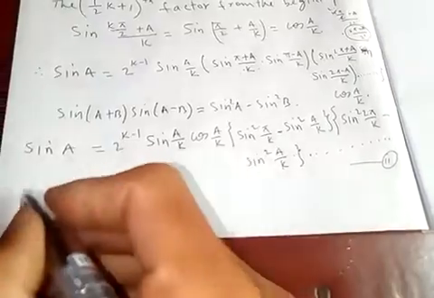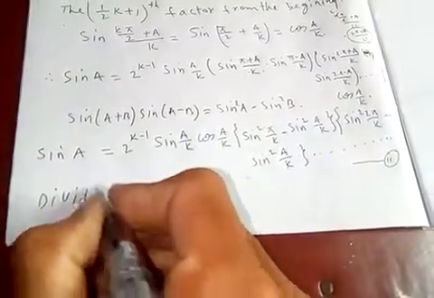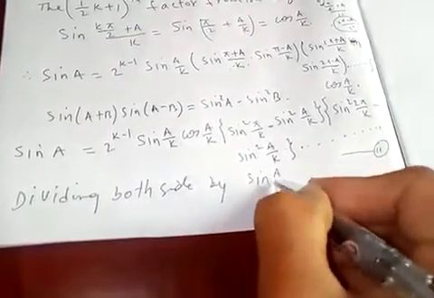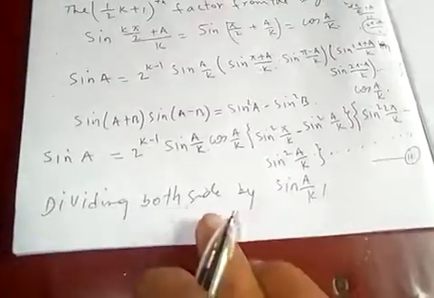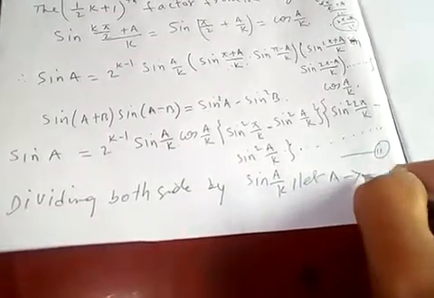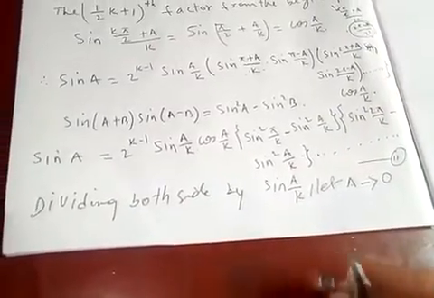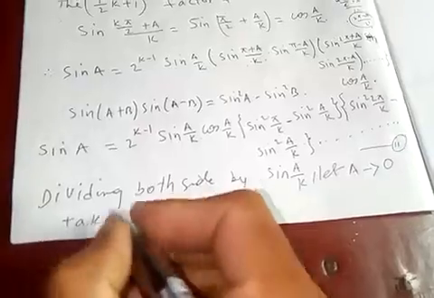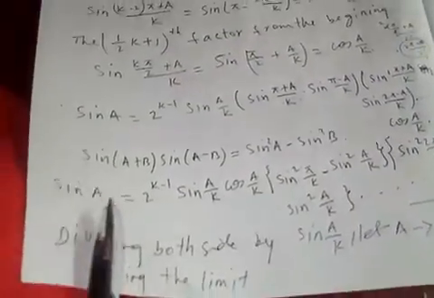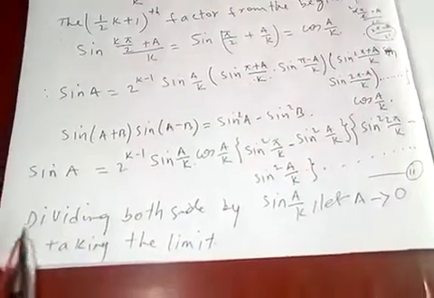Now if I divide both sides by sine A over k, and let A approach 0, which means A tends to 0, and taking the limit, let me simplify that first.